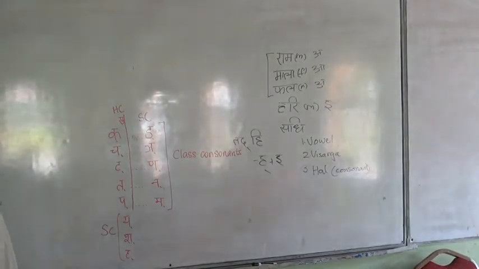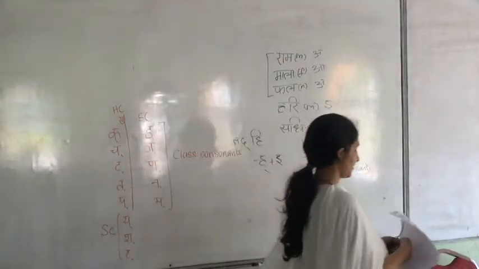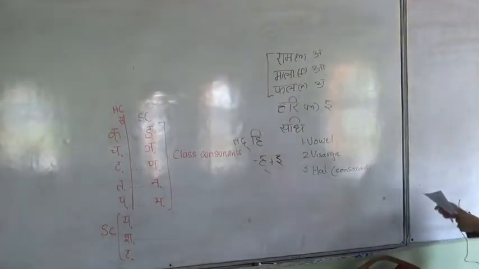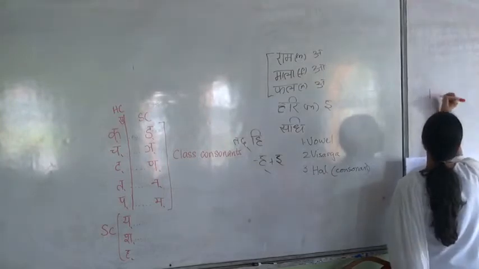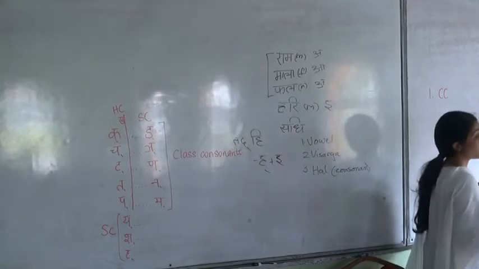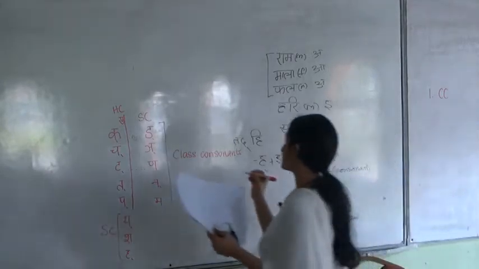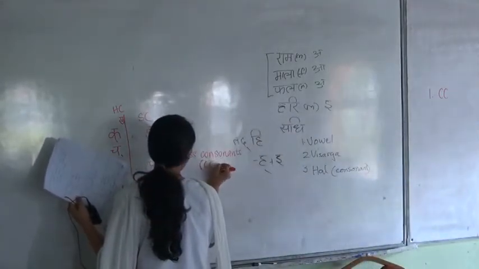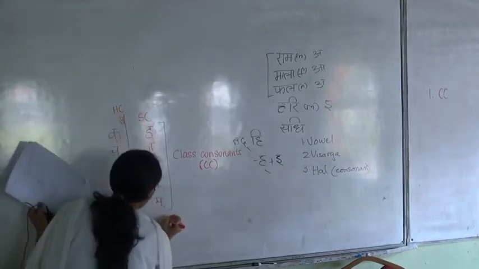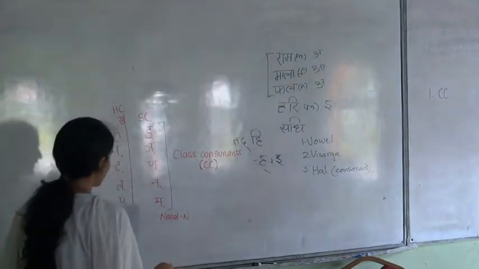Now Hal Sandhi. If I write over here, could everybody see? So the first rule is that if we have, I'm going to write in short form because there's a lot of writing, right? So you could write in the short form also, or you could write long, whatever you want. So class consonant is CC, hard consonant, soft consonant, nasal is N. Okay?